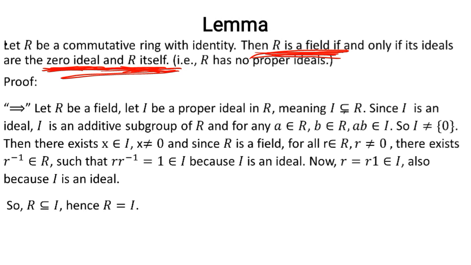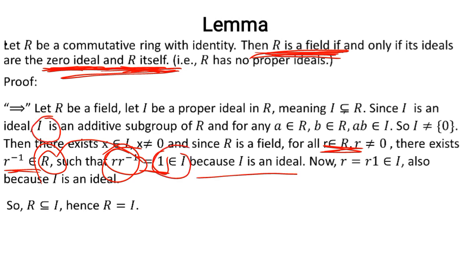And because R is a field, you can find an inverse of this element, and you can multiply them to get 1. R times R inverse gives us 1, and we know that I is an ideal, so therefore this will lie in it.